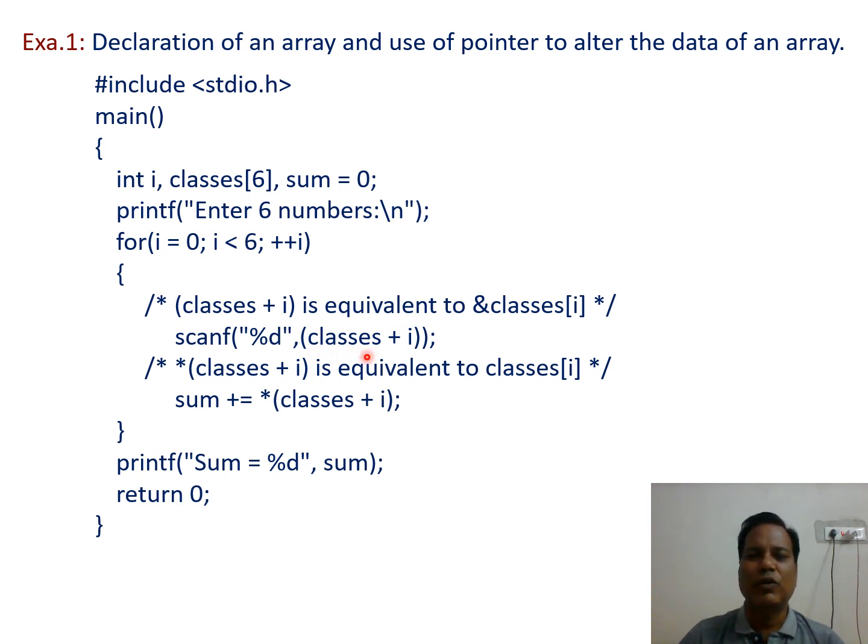In that one, the first character is stored, and then sum += *(classes+i). So the data in this memory location is added to the sum and assigned to the left side variable sum, which has an initial value of 0. Then the value of i is incremented.